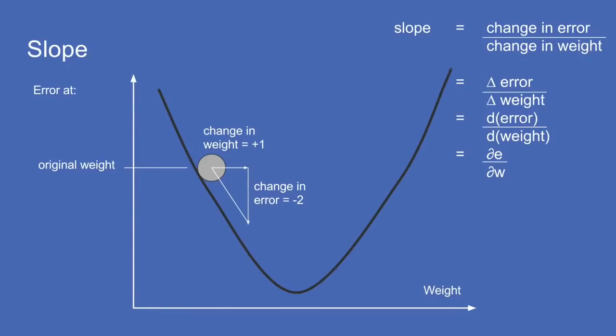Otherwise, just gloss over this and pay attention to the rest, and you'll get a general sense for how this works. So in this case, if we change the weight by +1, the error changes by -2, which gives us a slope of -2. That tells us the direction that we should adjust our weight and how much we should adjust it to bring the error down.